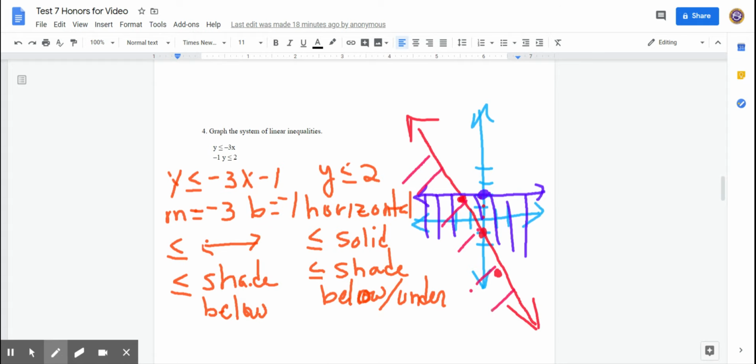Okay, so where did it intersect? It intersected over in here.